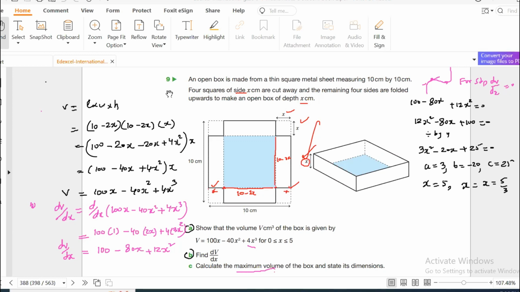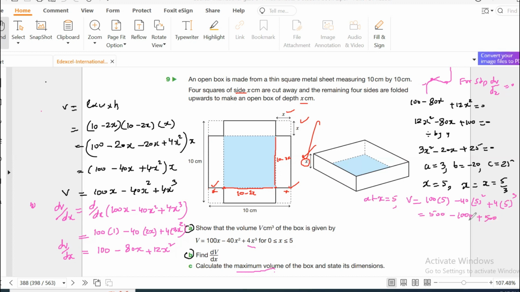At x equal to 5, V becomes 100 times 5 minus 40 times 5 squared plus 4 times 5 cubed. 5 squared is 25, and 25 multiplied by 40 gives me 1000. 5 cubed means 125, and 125 multiplied by 4 gives us 500.